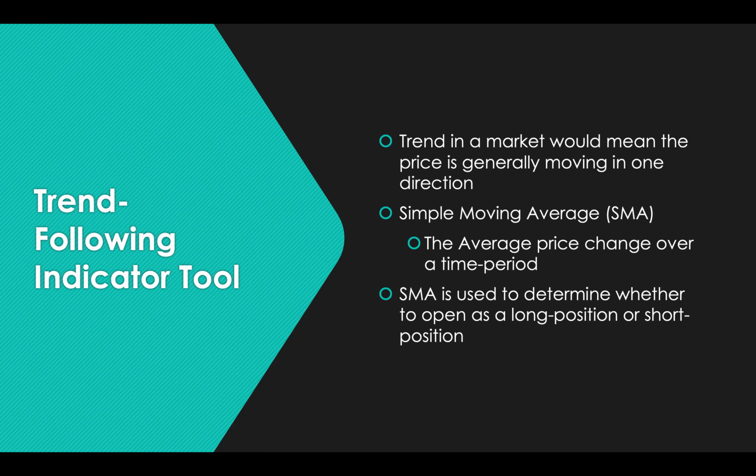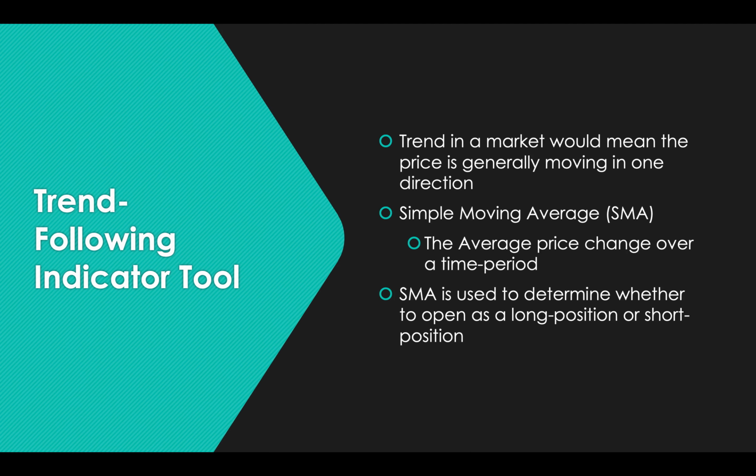On the other hand, short position is a position that is beneficial when the market price declines. So in this case, the currency is sold. Selling at a higher price and then repurchasing it at a lower price is basically you making profit. So that is what SMA is mainly used for.